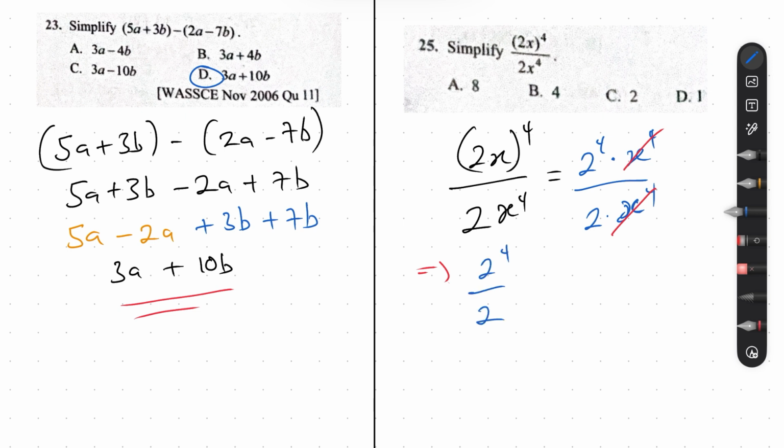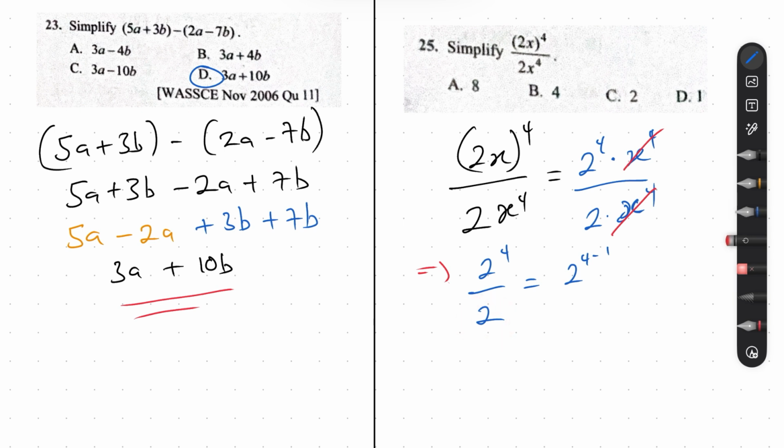If you know the laws of indices, when we have two same bases dividing, we subtract their exponents. So here will be the same as 2 to the power 4 minus 1, because 2 is the same as 2 to the power 1.